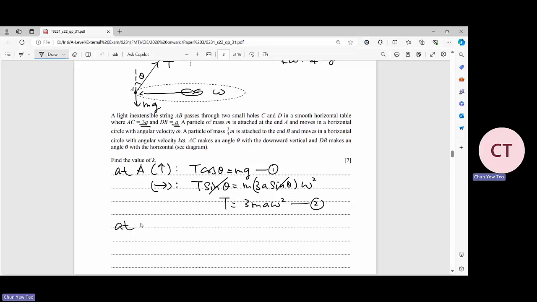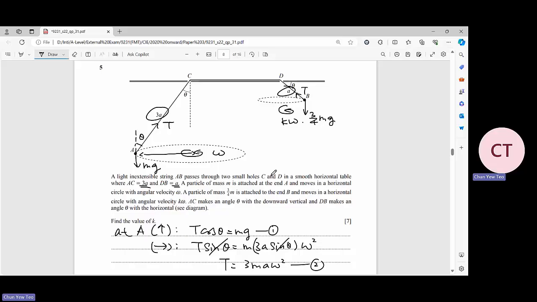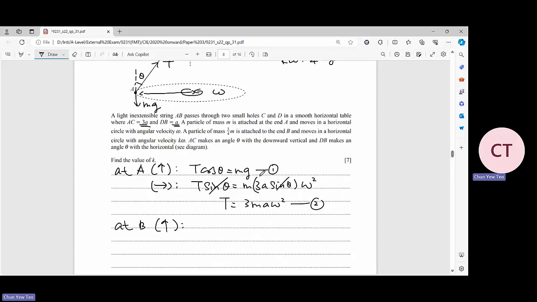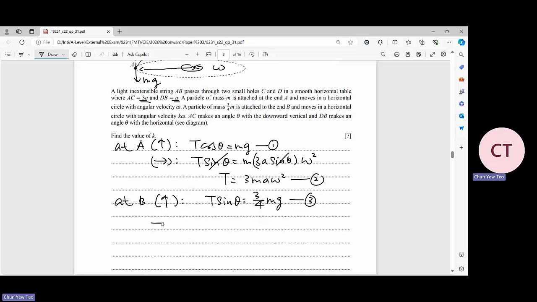Then at B, if I resolve the forces vertically, over here, this is the theta. Then you have T sin theta equal to the weight of 3/4 mg. We can just call this one number 3. Then if I resolve the forces horizontally, I have T cos theta is equal to 3/4 m R2.